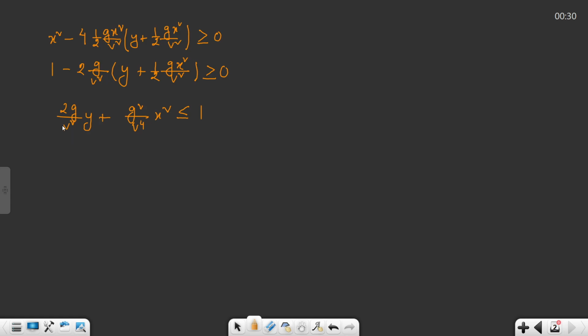Now what we can do is multiply everything with v to the power 4, v squared plus g squared x squared is less than or equal to v to the power 4. This looks quite interesting, doesn't it? So we have another equation for v. Okay, so let's give it a look.